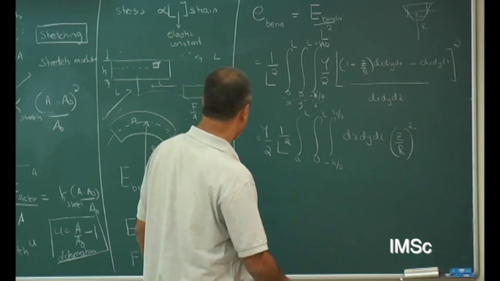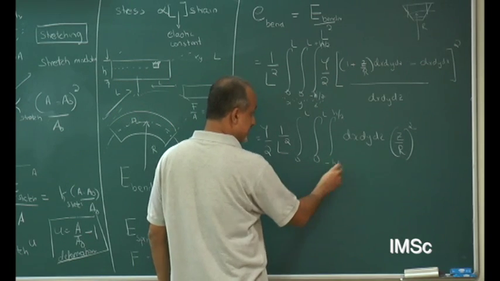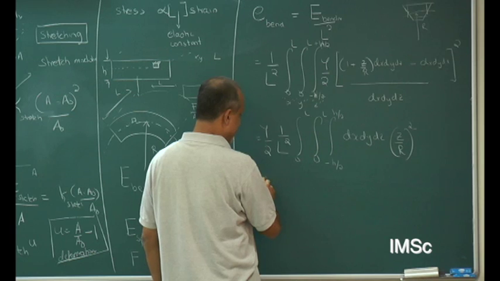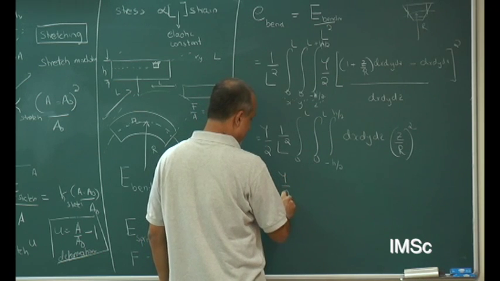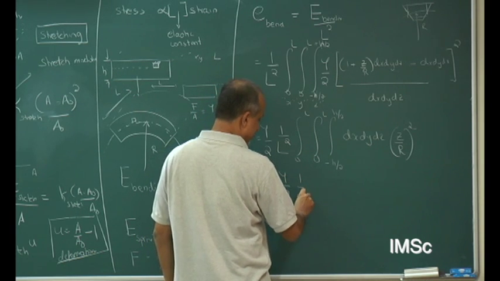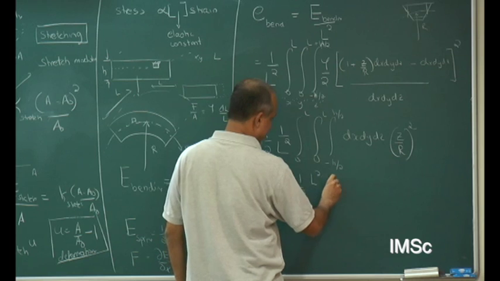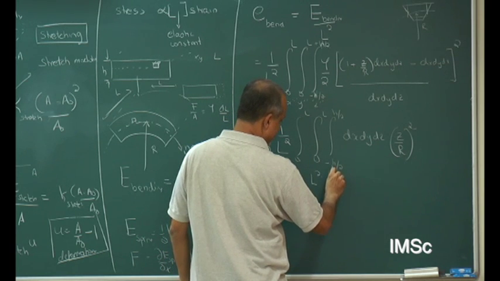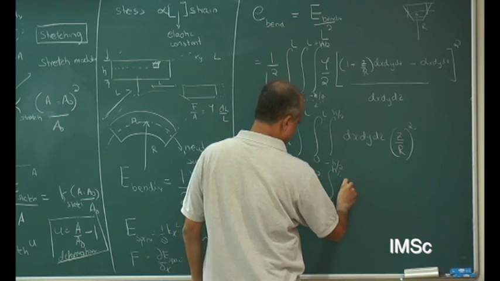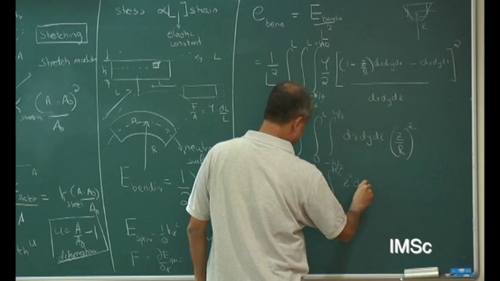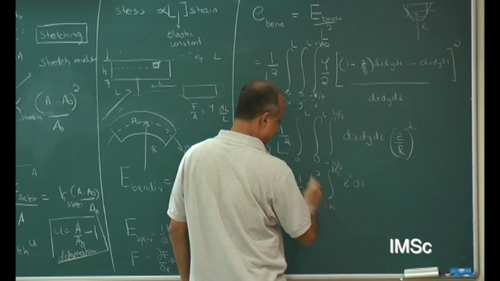All right, so now the integral dx and the integral dy give me the factor of L squared. So Y divided by 2, 1 over L squared times the factor of L squared, the integral from minus h by 2 to plus h by 2 of z squared dz, and I have a factor of r squared here.